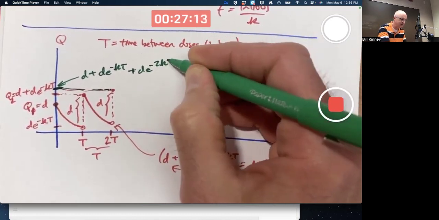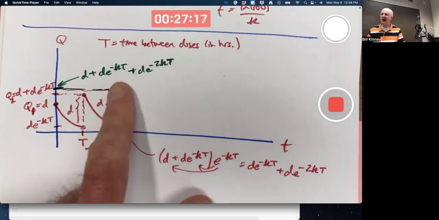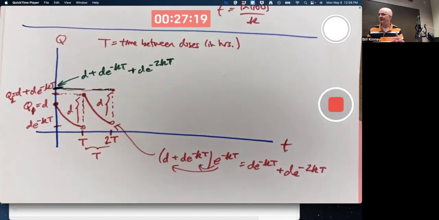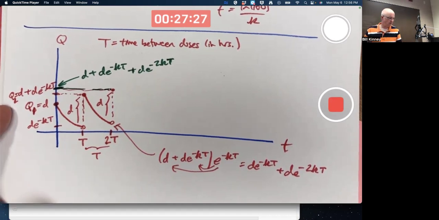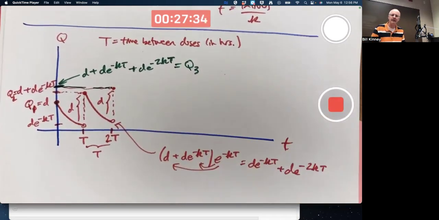Is this feeling familiar at all? That kind of sum should look a little familiar. That is a geometric sum, a finite geometric series. That's going to be Q2, or Q3 actually. That's Q3. Getting these subscripts mixed up.